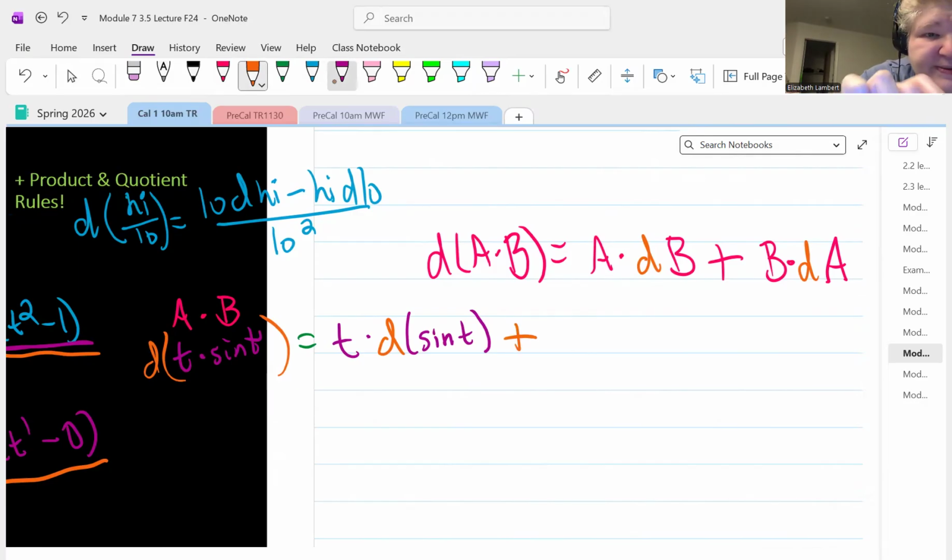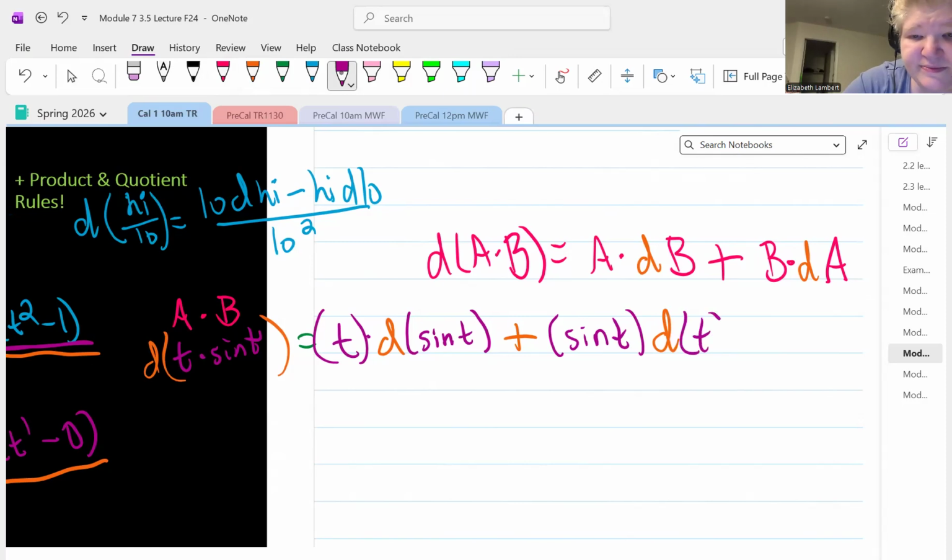Now I'm going to keep sine t, and I should use parentheses, careful substitution, times the derivative of my first thing, which was t. So first thing times derivative of the second plus second thing times derivative of the first.